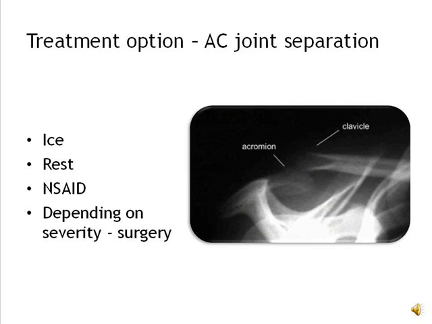Resting the joint will help minimize painful symptoms and allow healing to begin. Also, again, anti-inflammatory medications such as Advil might help the inflammation. And depending on the severity of the AC joint separation, surgery might be considered.